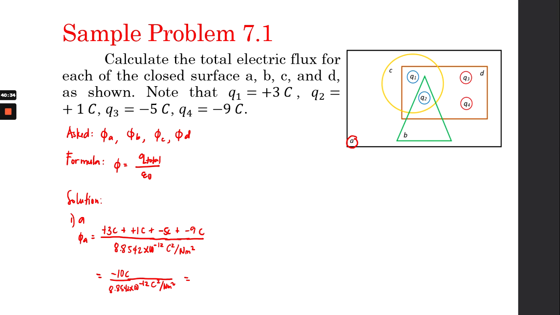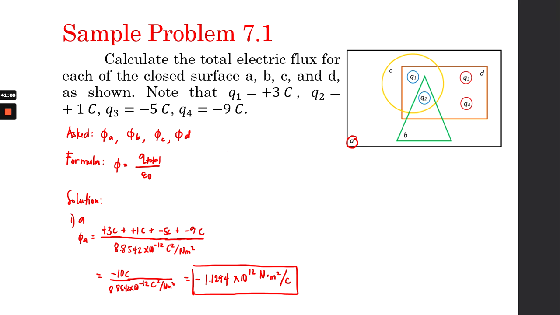So what's left is that the electric flux is equal to negative 1.1294 times 10 raised to 12 newton meter squared per coulomb. So this is the electric flux for my surface A.